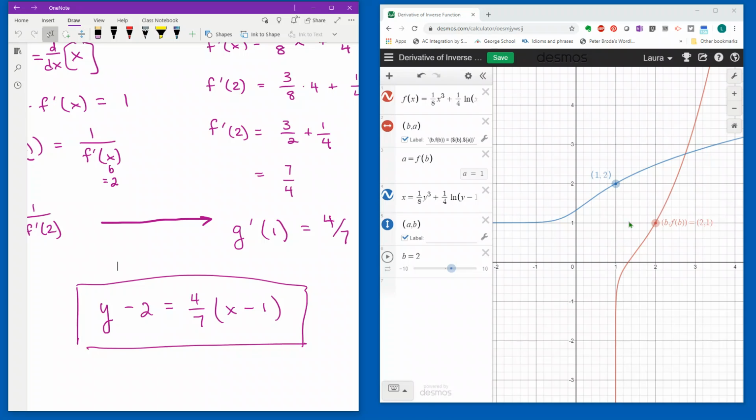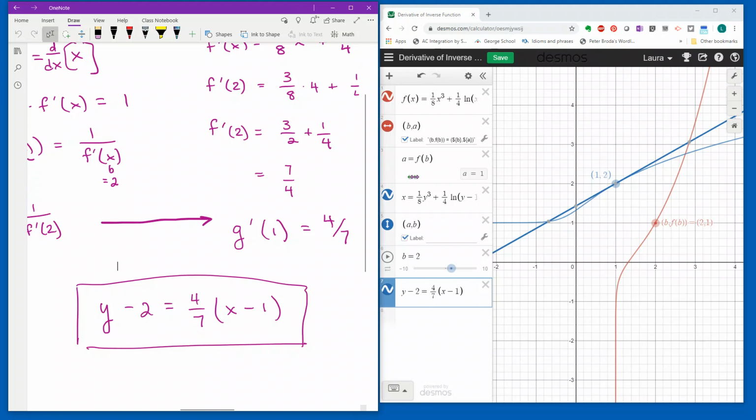The blue function is symmetric to F around the line y equals x. We had the point 1, 2 on our blue function. That's F inverse. And we came up with the equation y minus 2 equals 4/7 times x minus 1. Look at that. There is the equation of the tangent line.